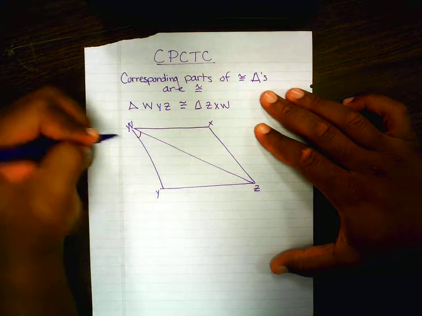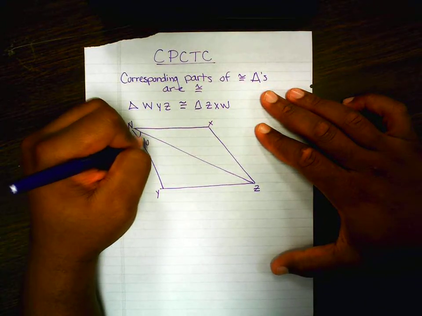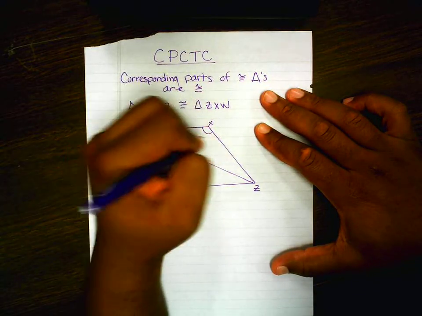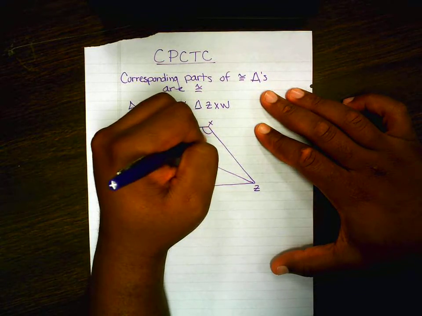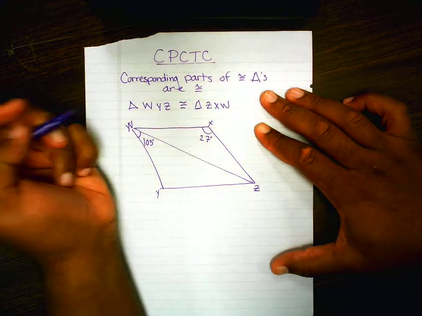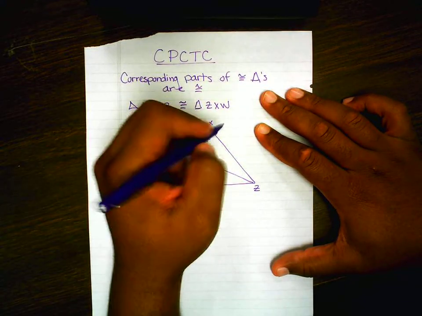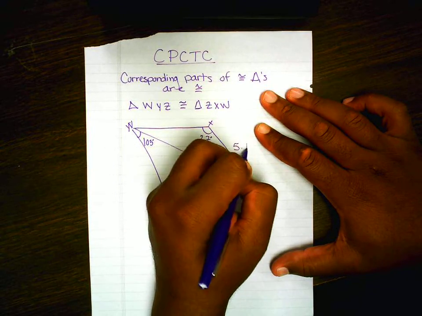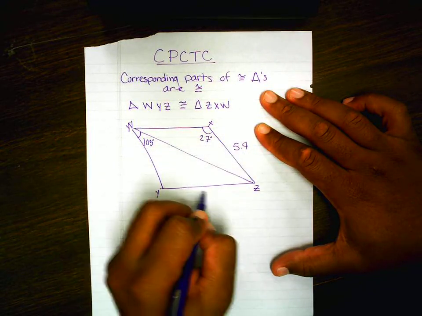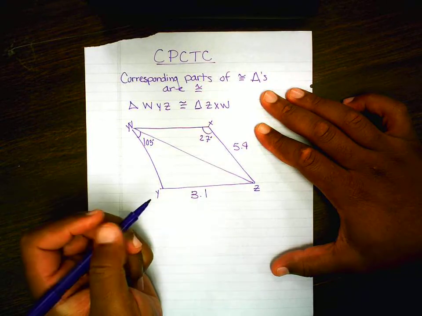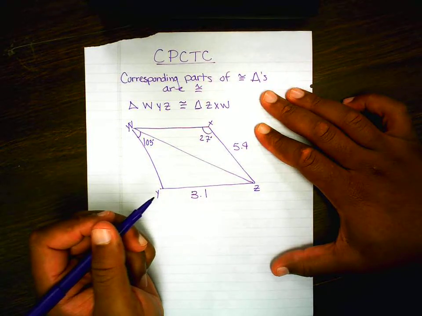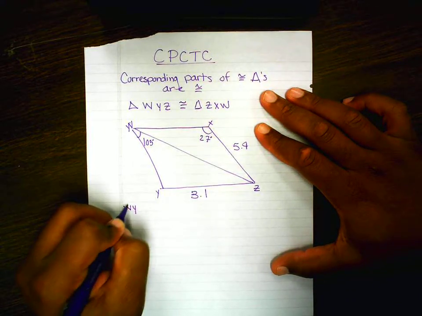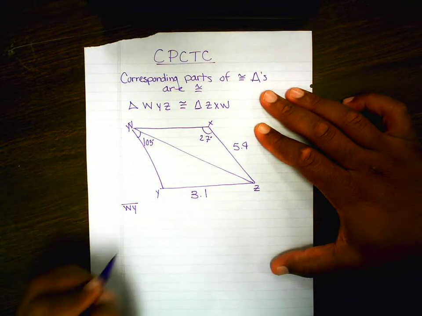Well, what if I told you angle W is 103 and angle X would be 27, and then XZ is 5.9, YZ is 3.1, and I wanted you to find segment YW or WY.